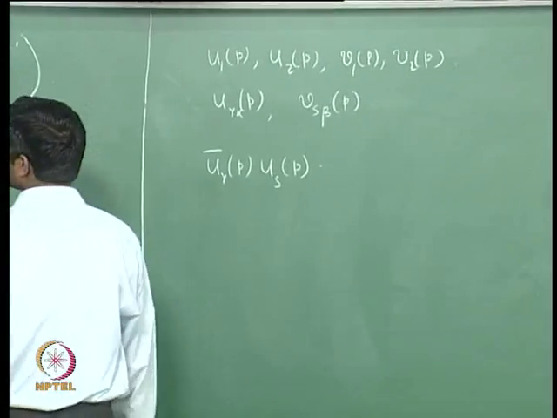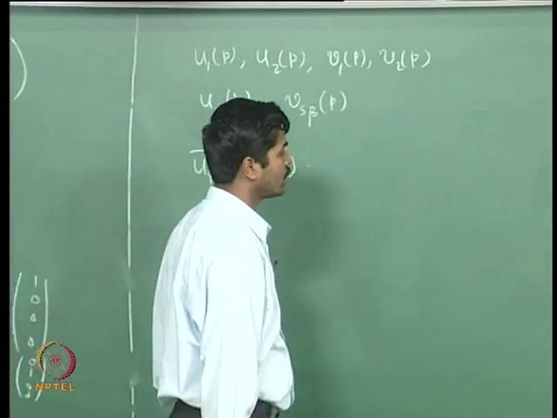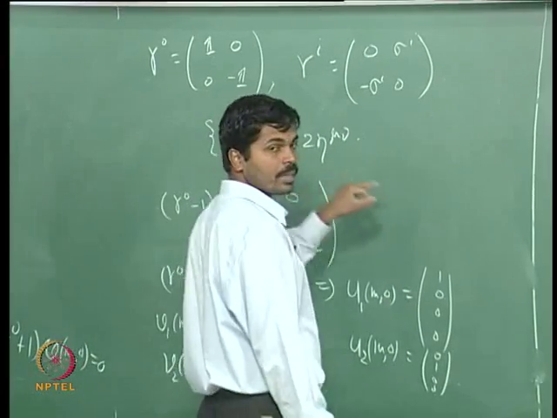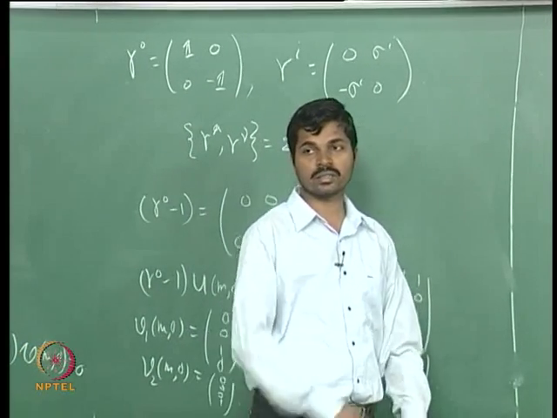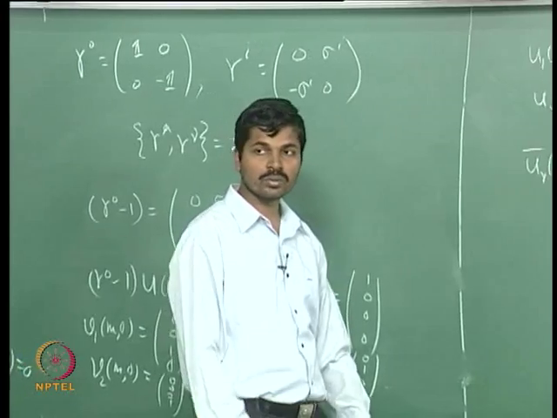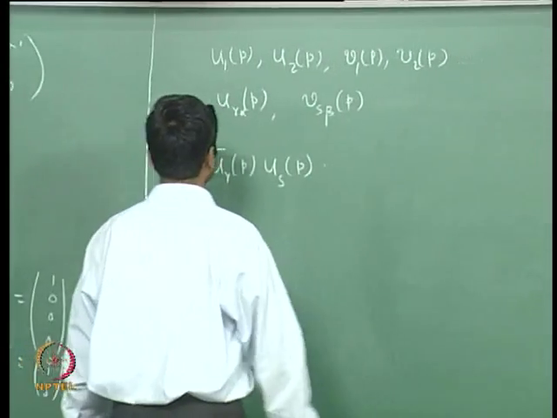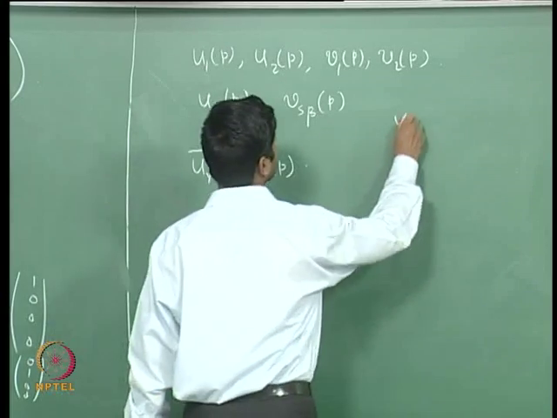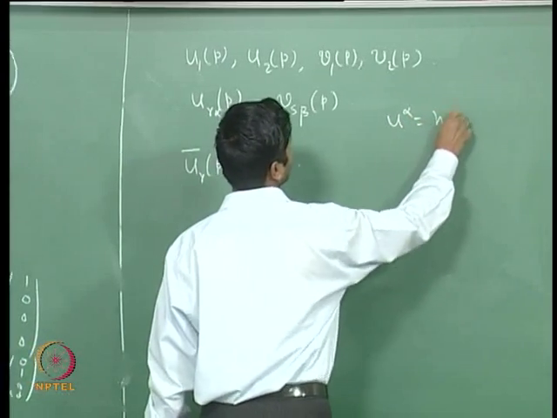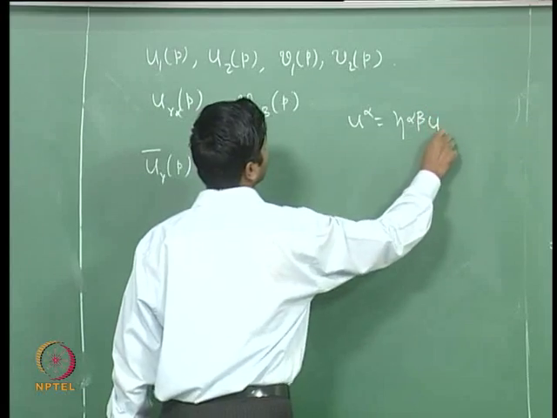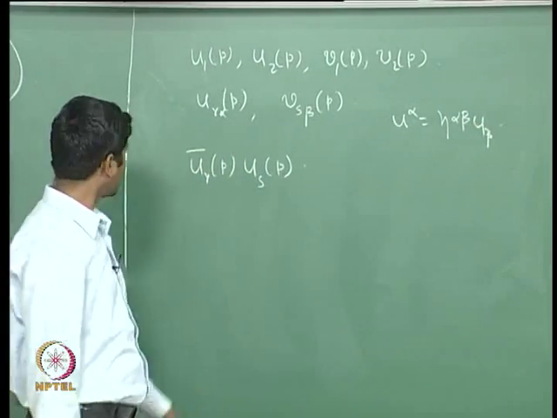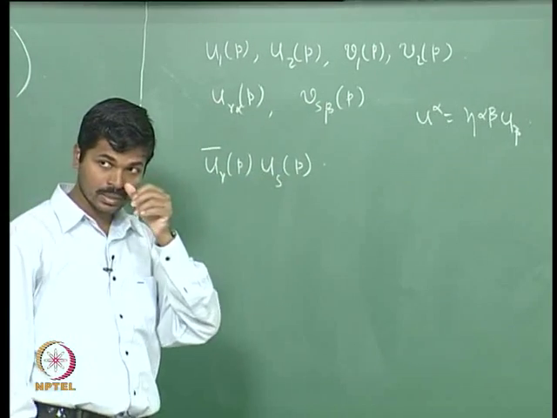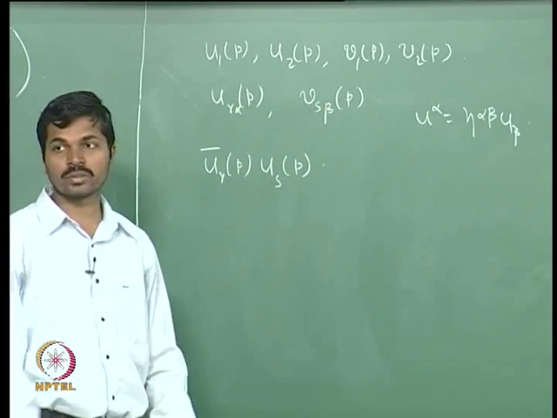As usual, you can just contract them by the usual metric eta mu nu, so u_alpha is simply eta alpha beta u_beta and so on. But the r and s indices are not raised and lowered by the metric; they are raised and lowered by the unit matrix.